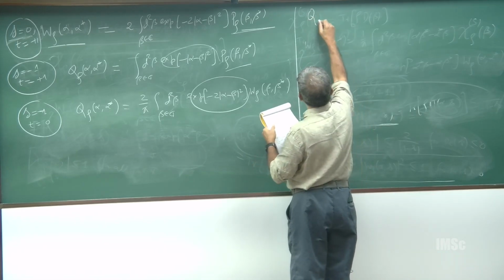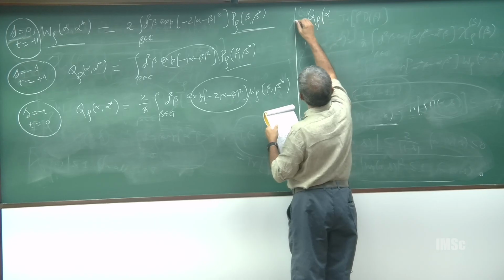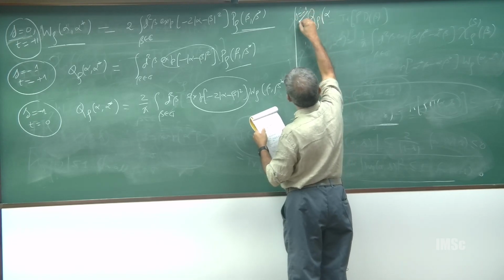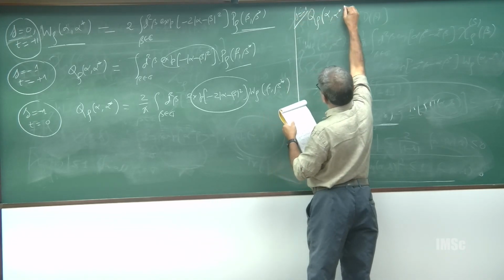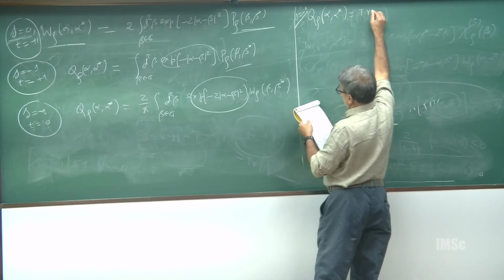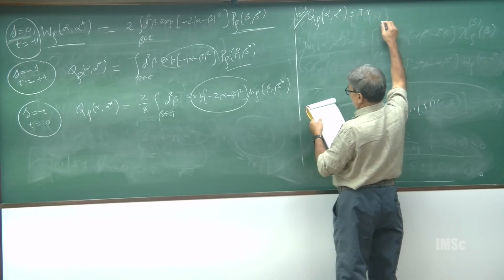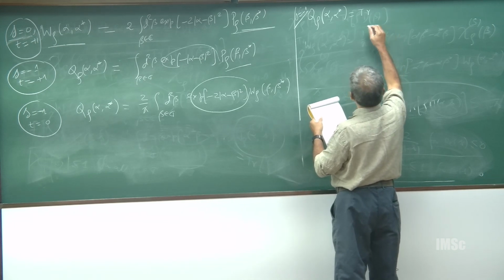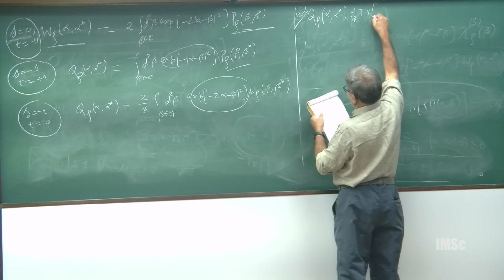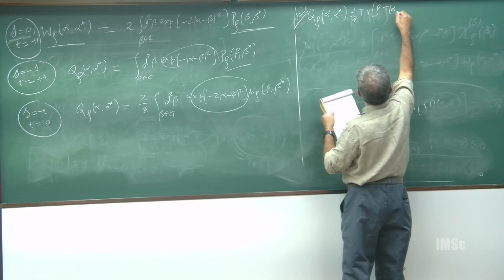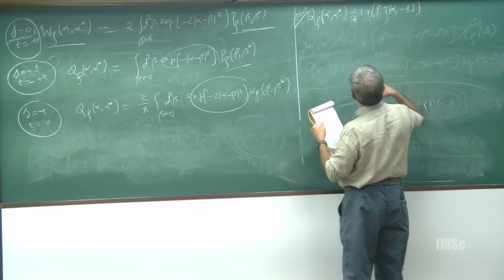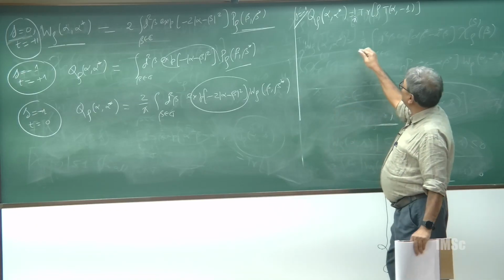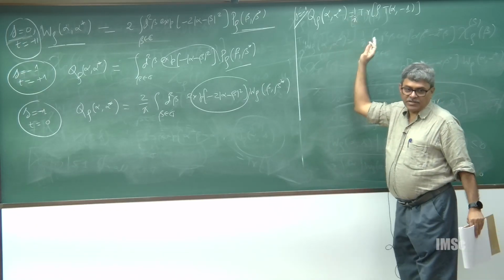So for a density matrix, this corresponds to s is equal to minus 1, Q of alpha alpha star, which is equal to 1 upon pi trace of rho P of alpha minus 1. Actually for the Wigner function only you do not have this 1 upon pi factor; for the other things you will have.